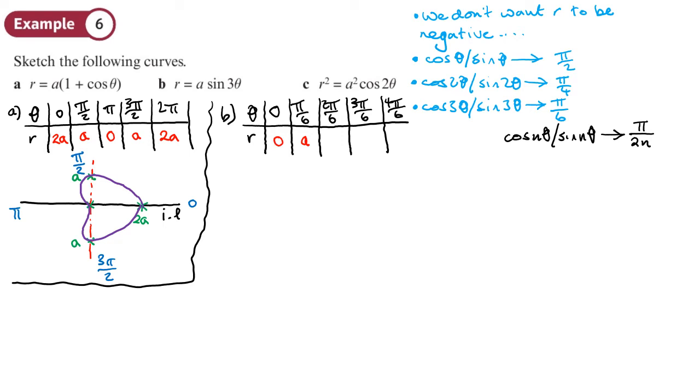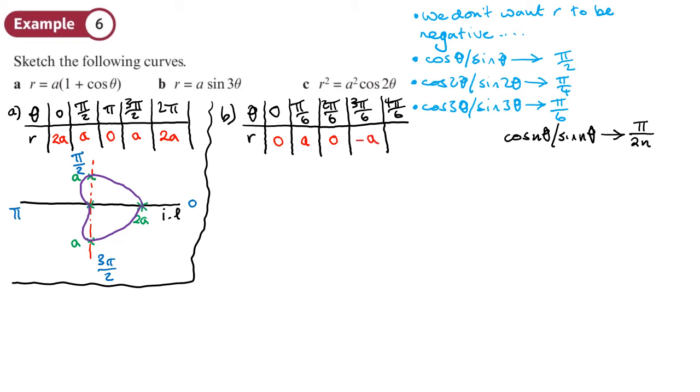Next one, I'm going to do the sine of 3 times 2 pi over 6. So that gives me 0. Times that by a, we get 0. Then I'm going to do the sine of 3 times 3 pi over 6, which is like pi over 2, and that gives me -1, so that gives me -a.